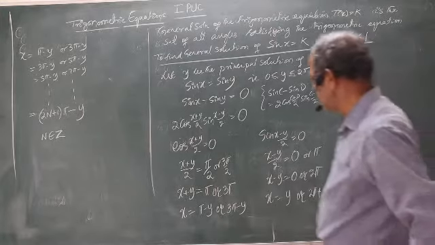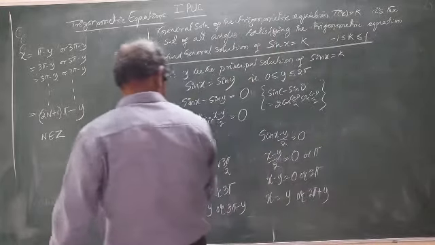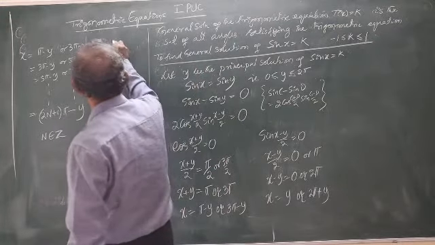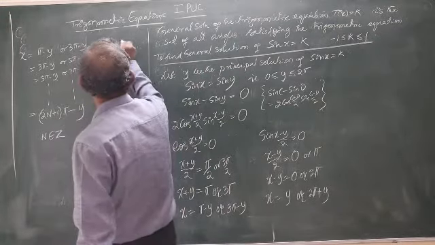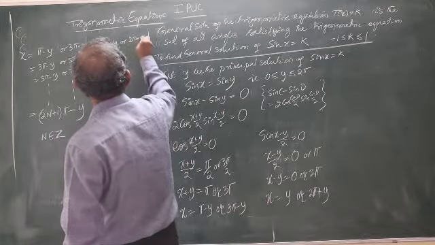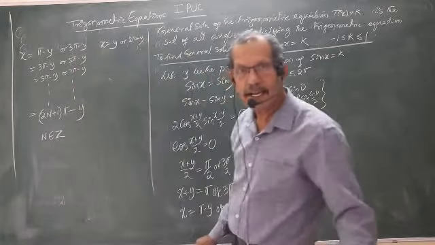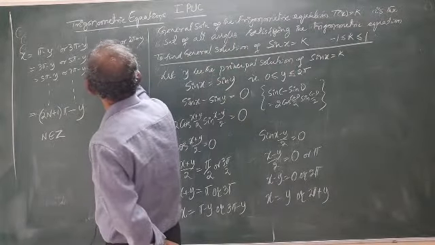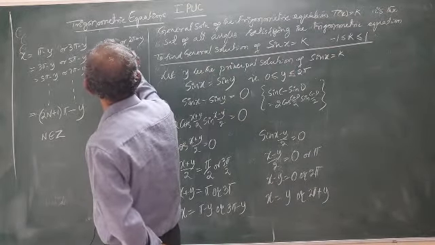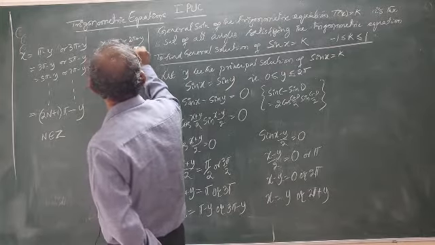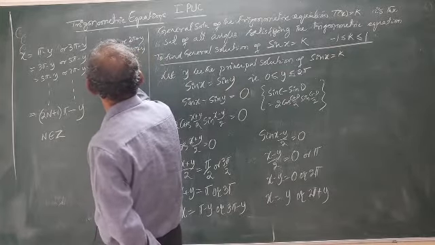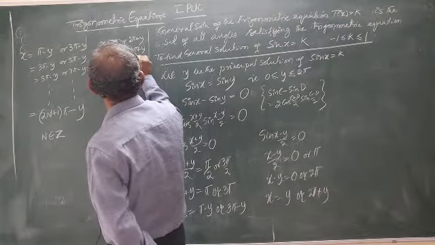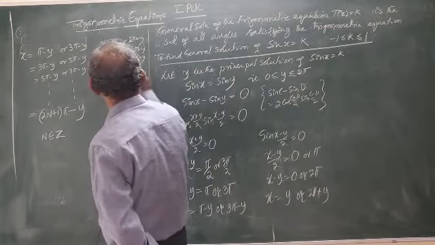Got the idea clear? x equal to y or 2 pi plus y. Now again add 2 pi. 2 pi plus y, 4 pi plus y, 6 pi plus y, and so on.